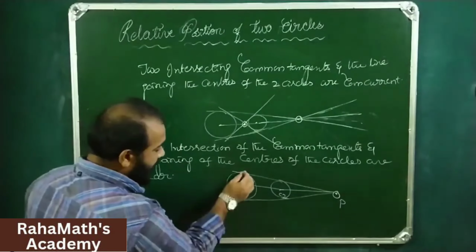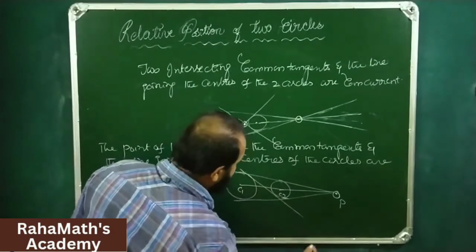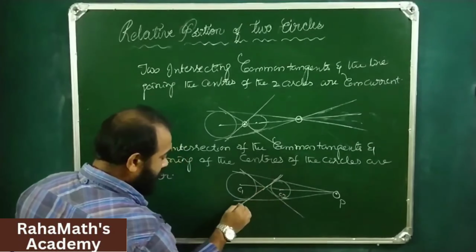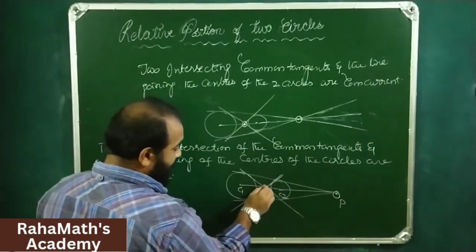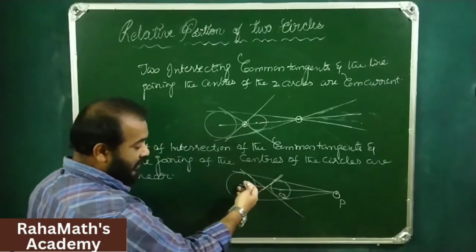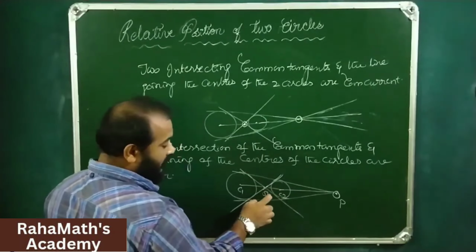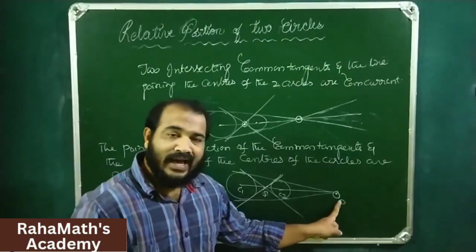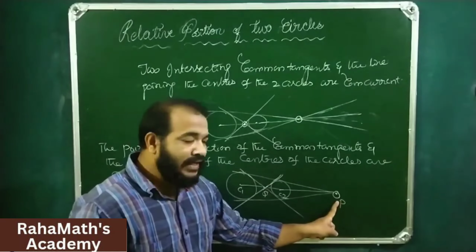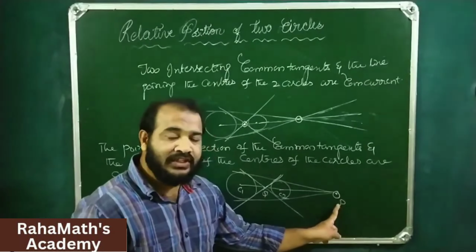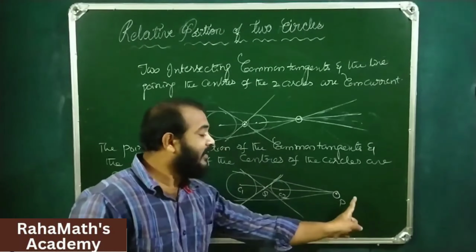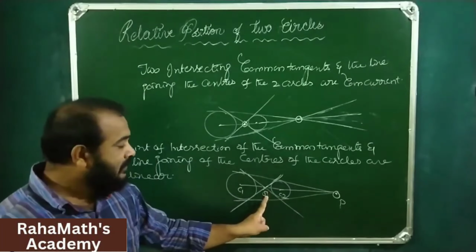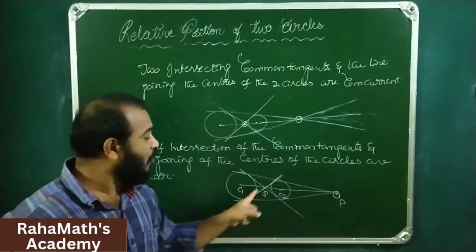Not only that, if I take transverse common tangents like this, let the point of intersection of the transverse common tangents be Q. Q is the internal center of similitude, and P is the external center of similitude, which is the result of two direct common tangents. Q is the result of two transverse common tangents.